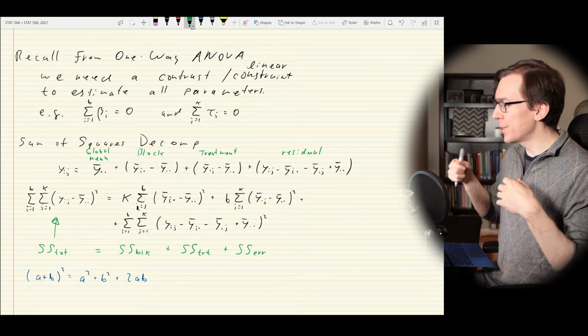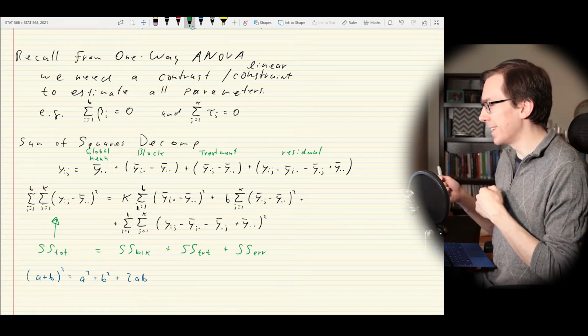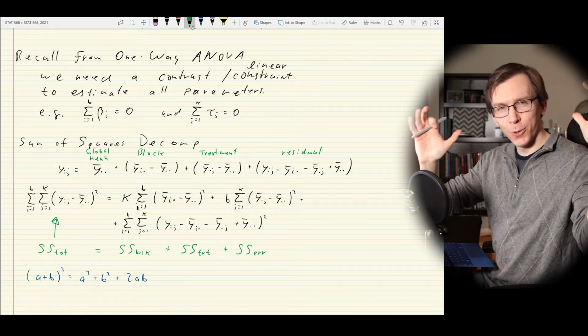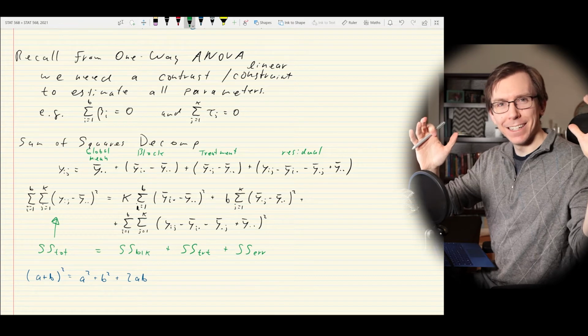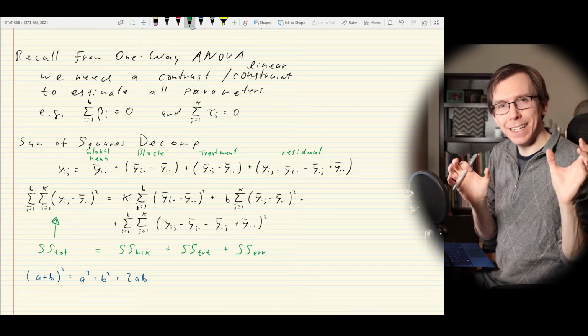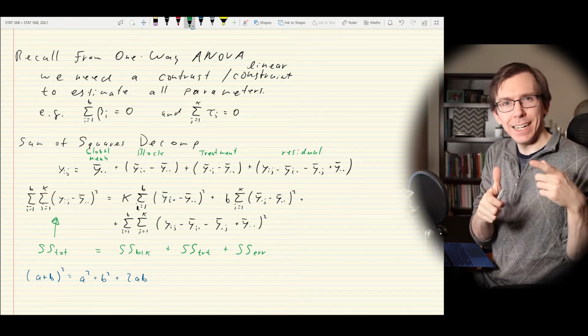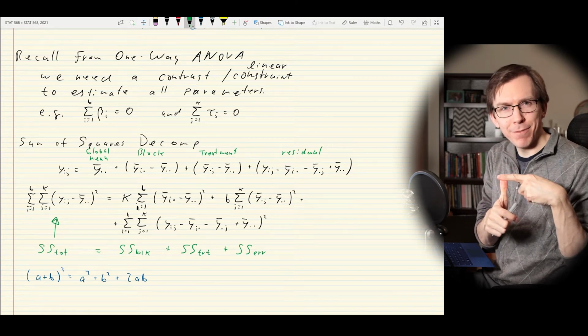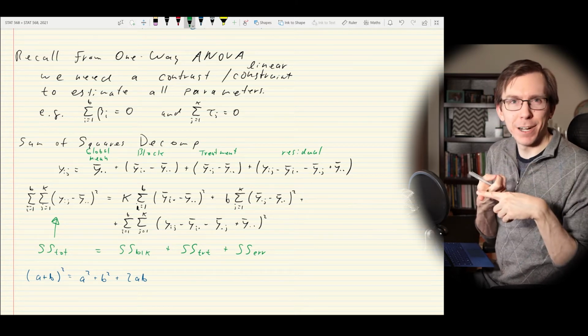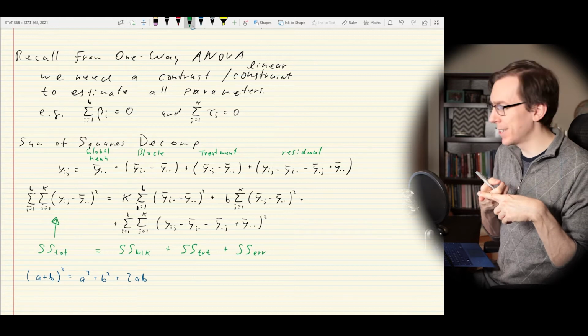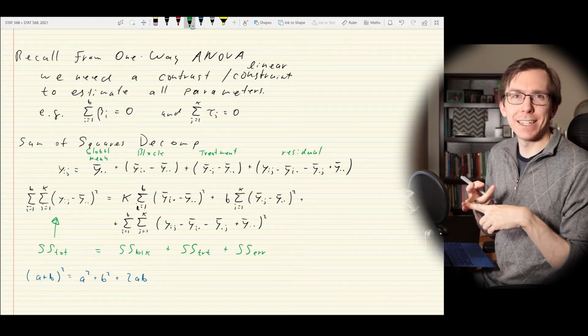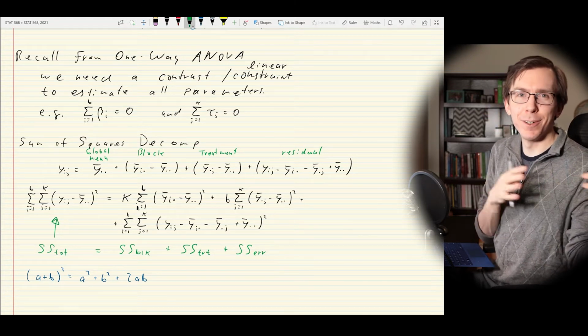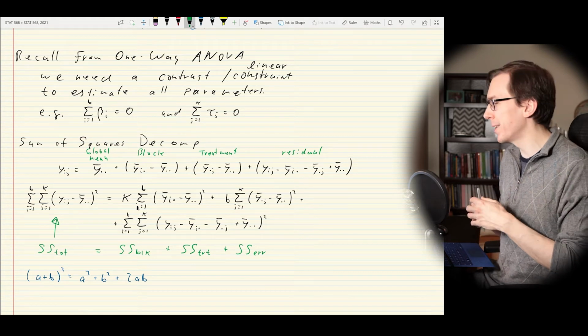But more intuitively, what's really neat about this is that we're really taking the total variation, that is the total sum of squares, and we're breaking it into different pieces. We're breaking it into the variation coming from the block factor, the variation coming from the experimental or treatment factor, and the variation that is unexplained by those two things, that is the error sum of squares.